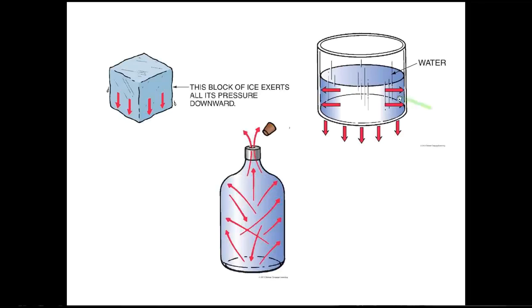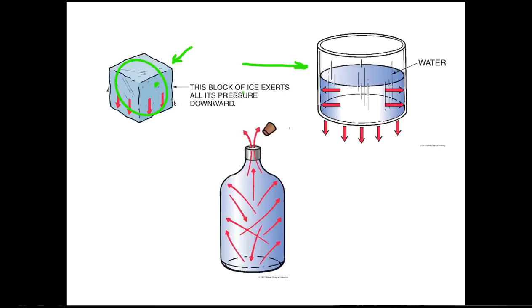This will give you a quick example right here. For example, this block of ice at 32 degrees does have molecules in motion, but they're pretty much bonded together and they're not moving very much. They're just sitting here. While they are moving, they are not bouncing into each other too much. They're more or less bound together, and that's why that gives ice its solid form. And as we start to add heat to the ice and it begins to melt, the molecules begin to move a little bit faster.